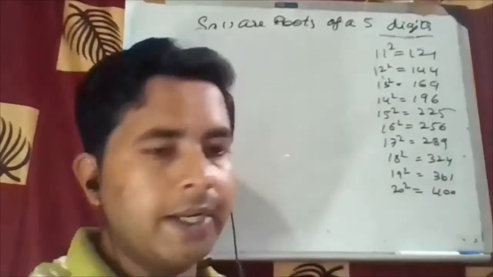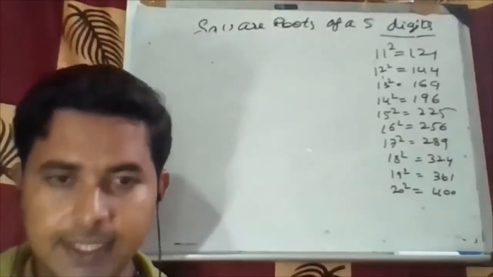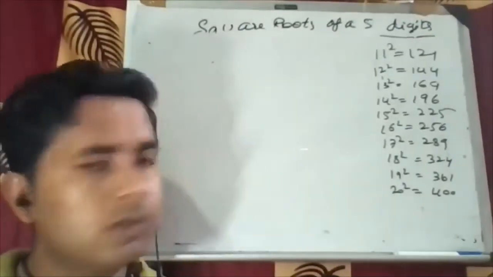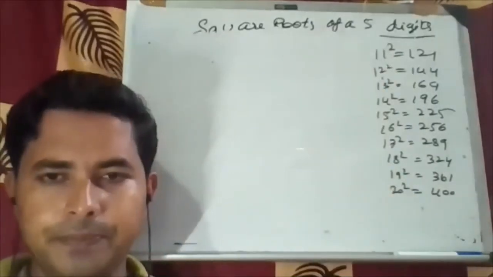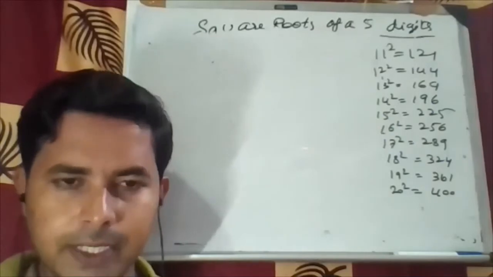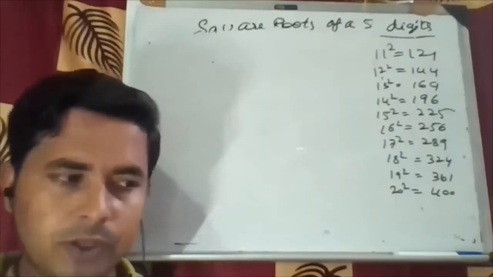So if you are finding the square root of a 5-digit, 6-digit or 7-digit number, you should remember the tables of 11 to 20. Then it will become easier for you to solve the question.